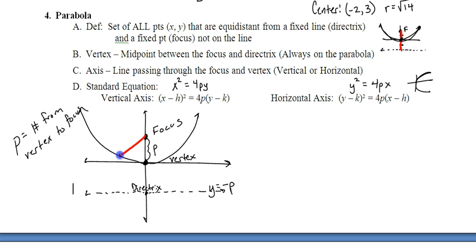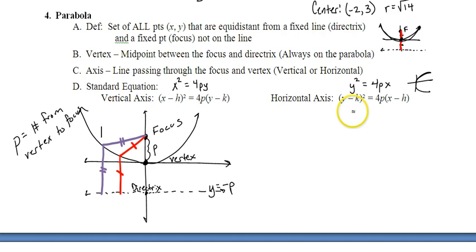So really, in my drawing, I never make my parabolas quite wide enough. But these two things have to be equivalent in length. I can make another one and say, what if I go from here to here? Same thing. Those two have to be equivalent in length. And that's what creates a parabola.